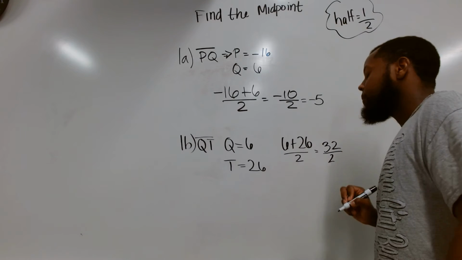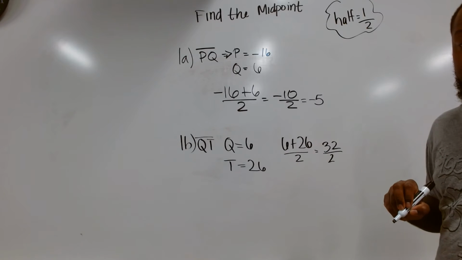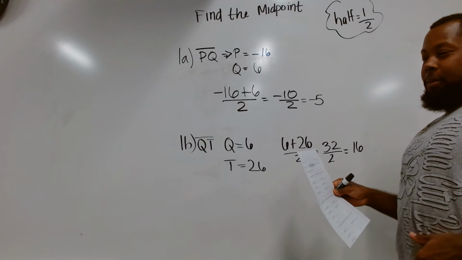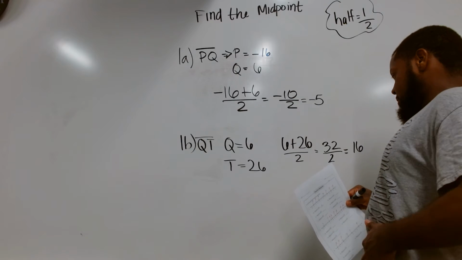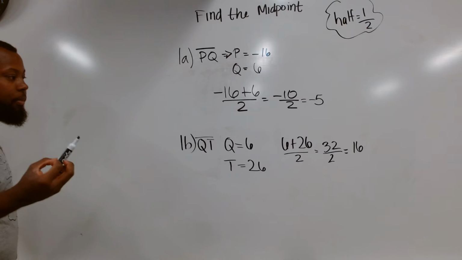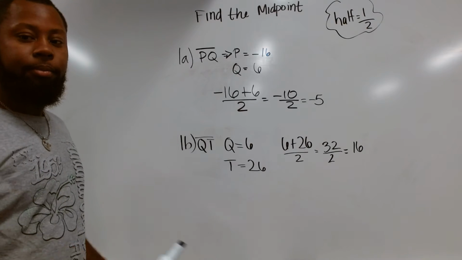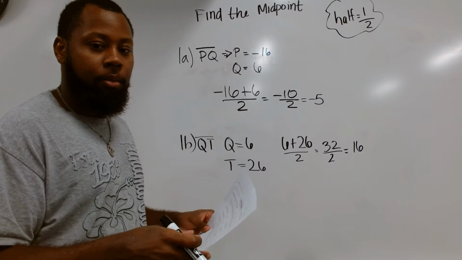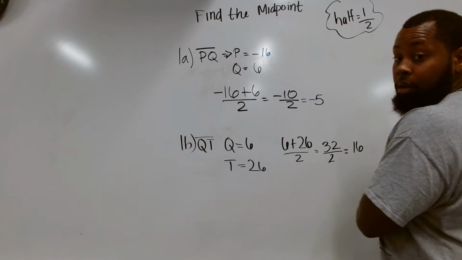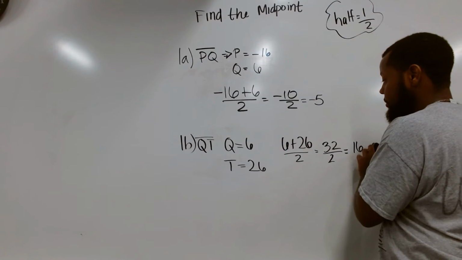Divided by 2. 2 can go into 32 16 times. Okay? Now, we got that part? Okay. Onward to the next. Copy that down so you know.